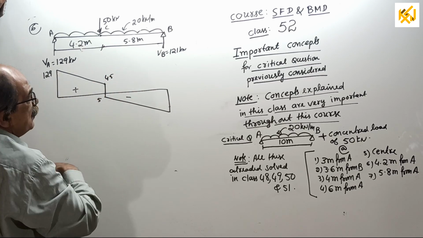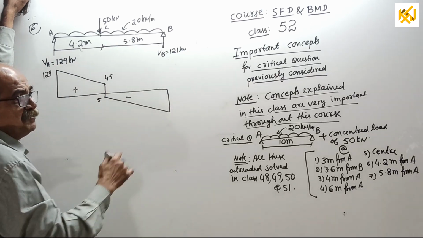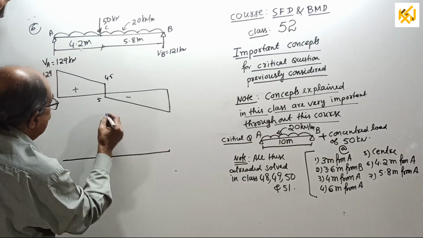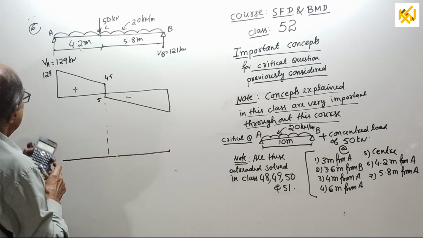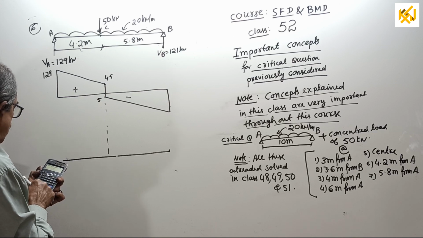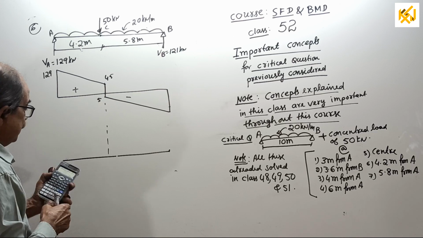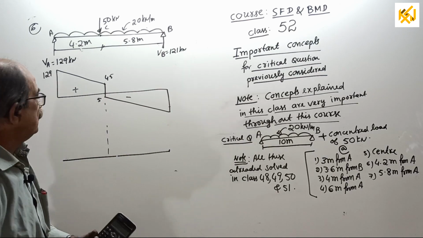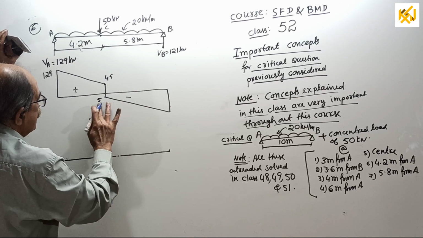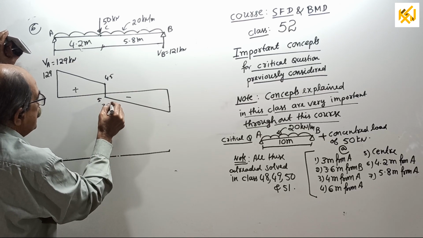This side shear force is 45 plus, that side minus. Now, bending moment diagram. See, this point BM you require, 365.4. That's all. Calculate it later. 365.4 here. I'll put it somewhere here, 365.4.